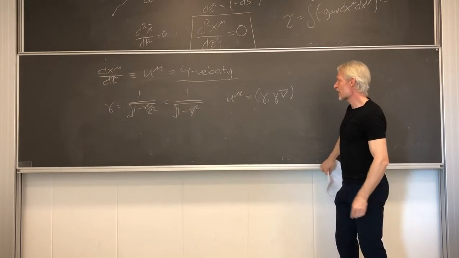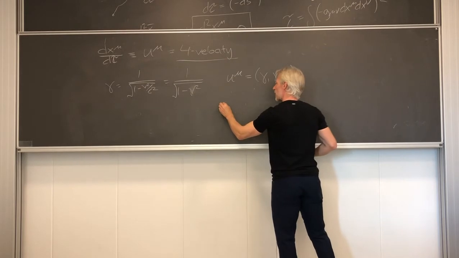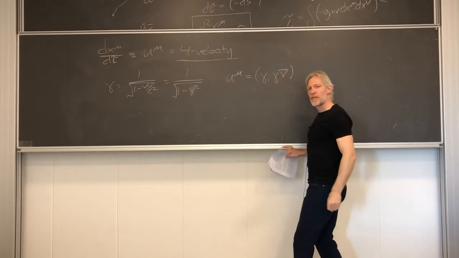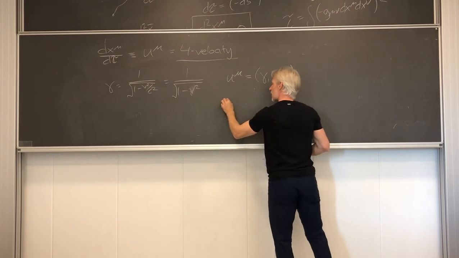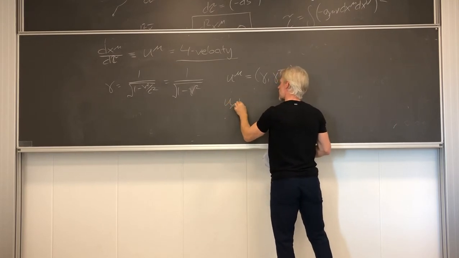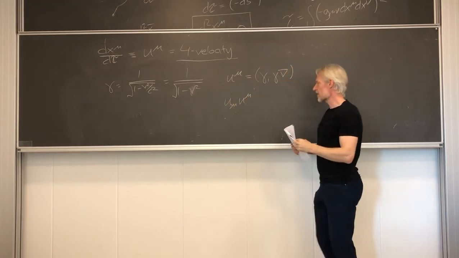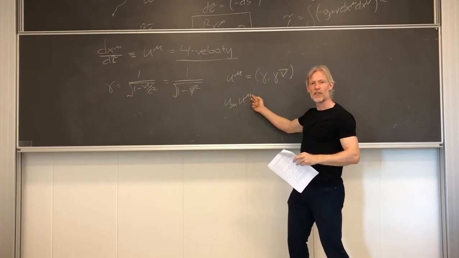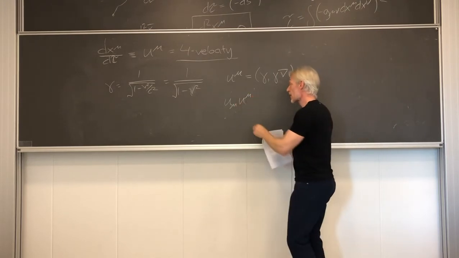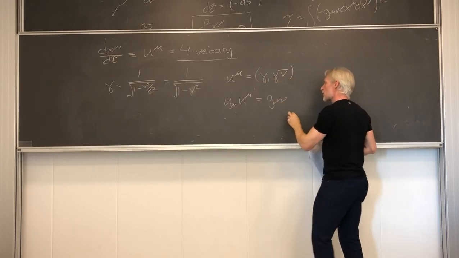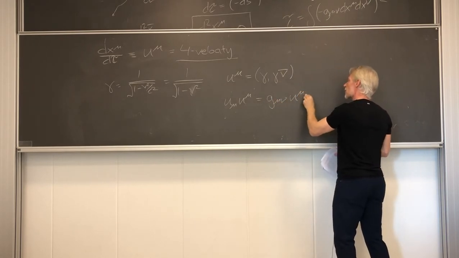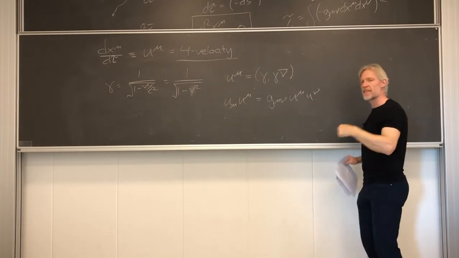And actually now I could also calculate the square of this quantity. What's the length of the 4 velocity? So formally I could write that as a contraction, or summation over indices here. Really what I'm writing, of course, remember, is g mu nu u mu u nu. But it's the same thing.